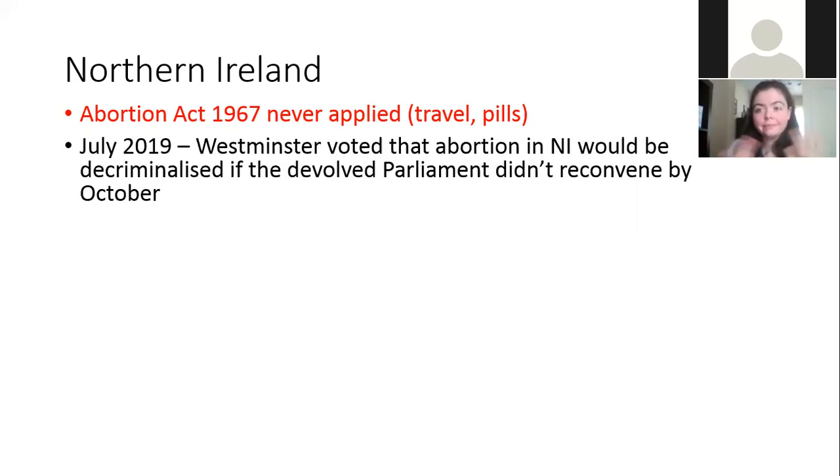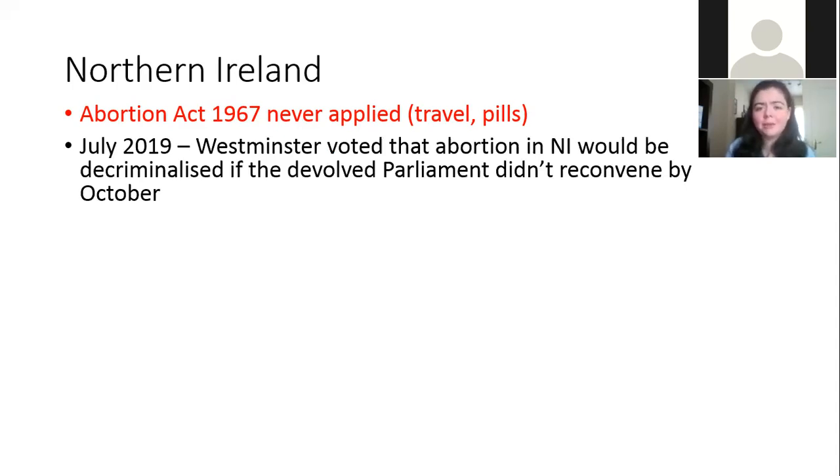So nothing changed from the 1800s, early 1900s, right up to July 2019, when the Westminster government voted that abortion in Northern Ireland had to be decriminalised if the devolved Parliament didn't reconvene by October 2019. That didn't happen. So again, things were set in motion to actually decriminalise abortion, which was very controversial. The Stormont people have had quite a lot of things to say about that.